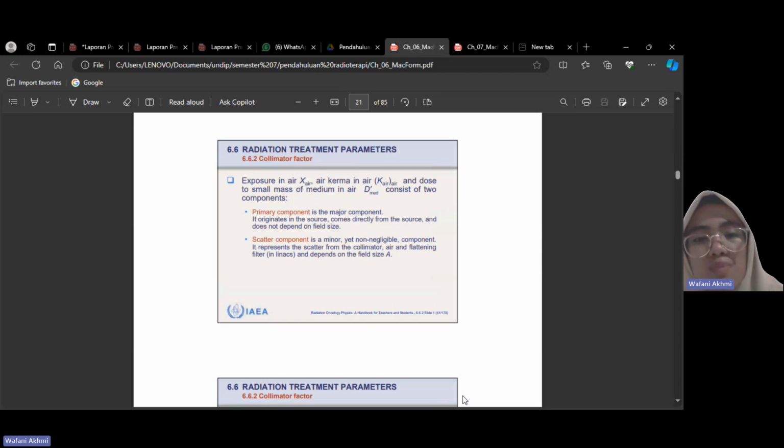Collimator factor. Exposure in air, kerma in air, and dose to small mass of medium in air, D made, consist of two components: a primary component and a scatter component.